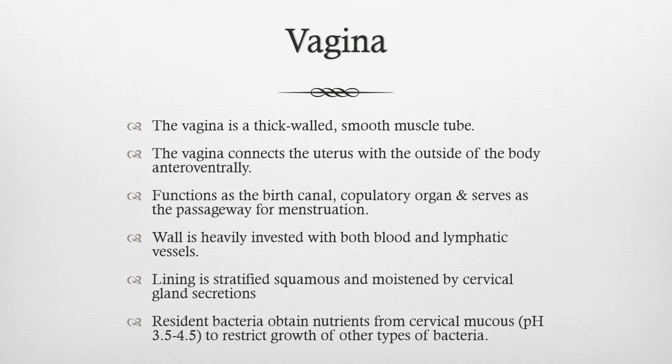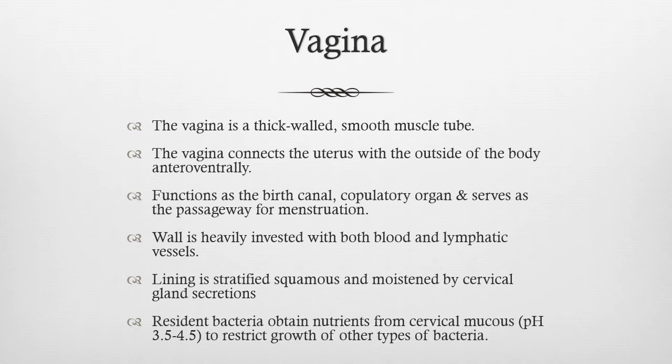It has a large amount of muscle surrounding the vaginal canal itself. It connects directly up to the uterus, and so it makes its way up to the uterus and then extends to essentially the outside world, making its way out to the anterior side of the body.